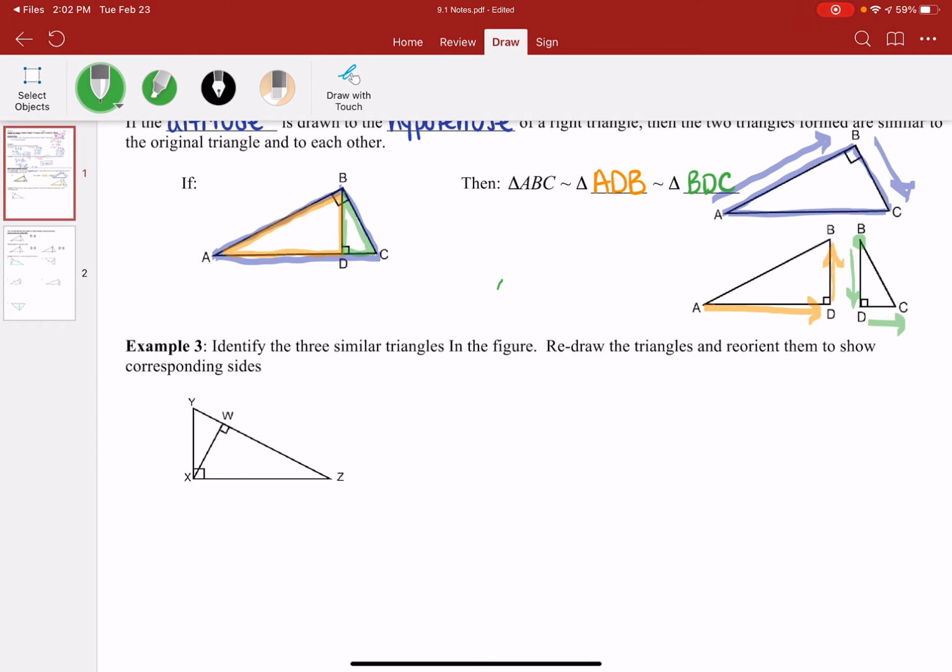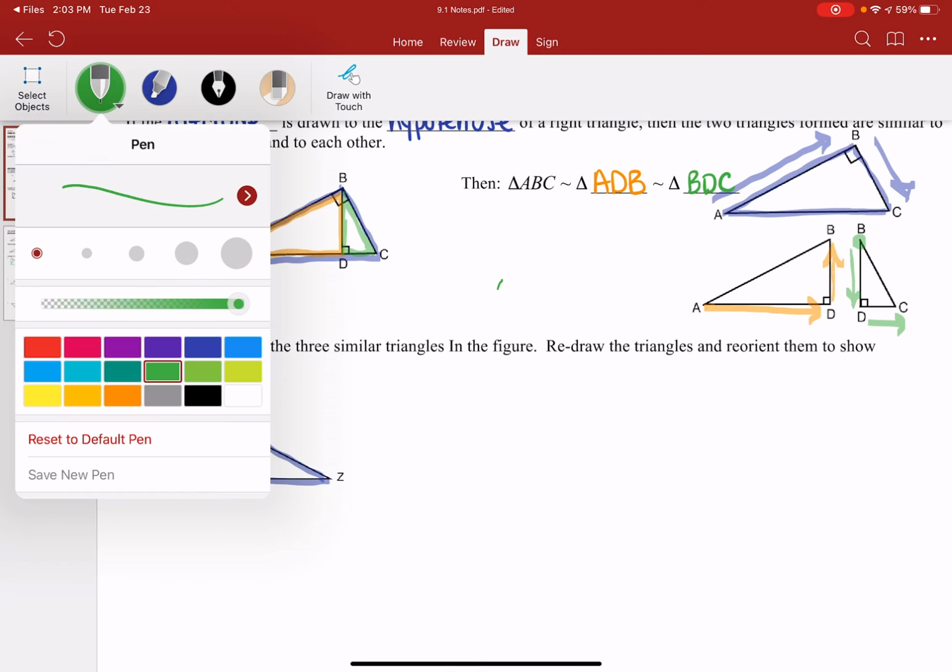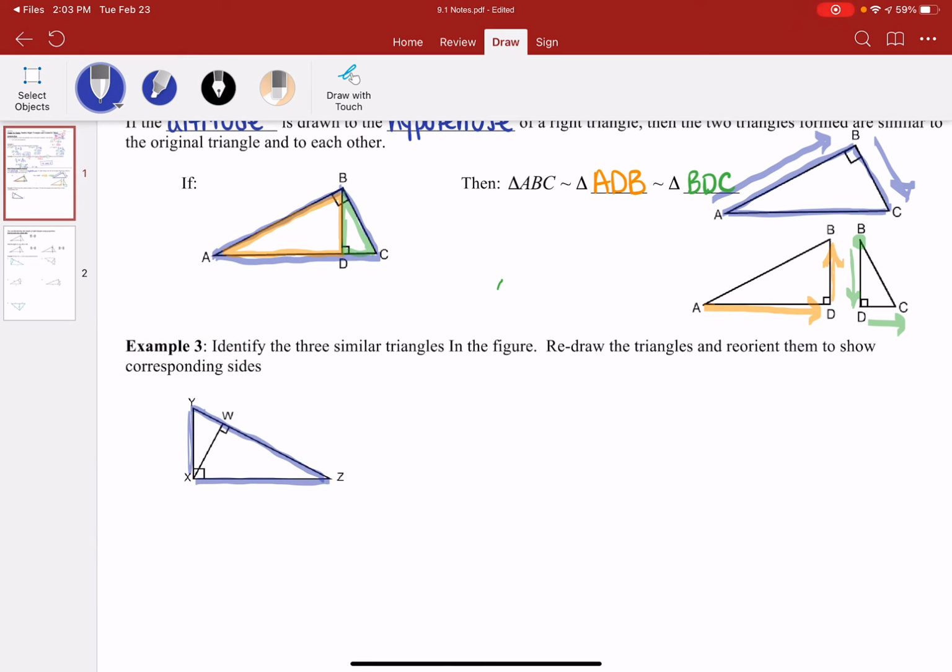So we have this large overall triangle here, and we can name it in whatever order we want. Just because this is kind of the way it's flipped around, I'm going to just redraw it completely by itself.